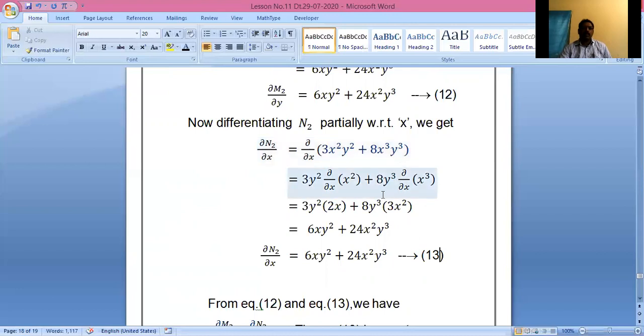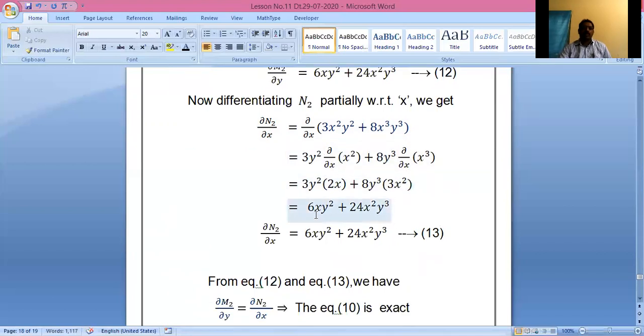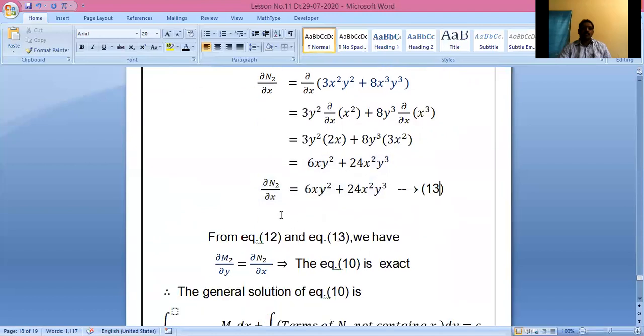Therefore, it can be written as 8y cube into dou by dou x of x cube. That is equal to 3y square into dou by dou x of x square, which is 2x, plus 8y cube into dou by dou x of x cube, which is 3x square. Therefore, 6xy square plus 24x square y cube. Therefore, dou N2 by dou x is equal to 6xy square plus 24x square y cube. Let this equation be 13.